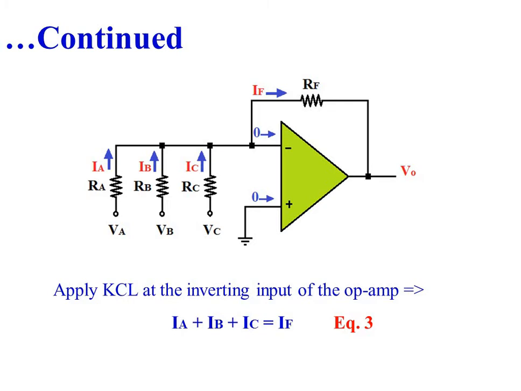According to KCL, the total incoming current is equal to the total outgoing current. So IA plus IB plus IC is equal to IF, as IA, IB and IC are the 3 incoming currents and IF is the lone outgoing current. So this is equation number 3.